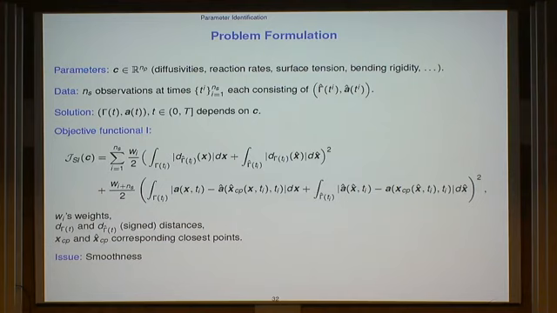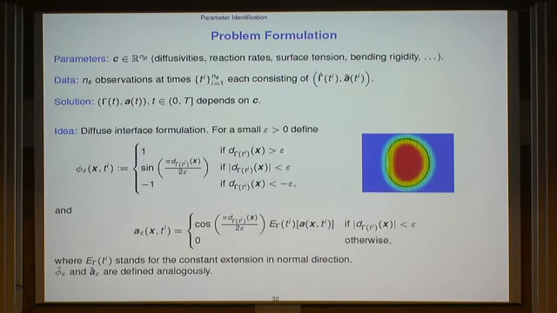So we decided to think of a different way of formulating the objective functional, and the idea is, why not approximate our sharp interfaces with diffuse interfaces? If you give me a curve, I can define this phi epsilon, where epsilon is a positive parameter which governs the width of my diffuse interface, and that gives me a diffuse interface representation of the curve.